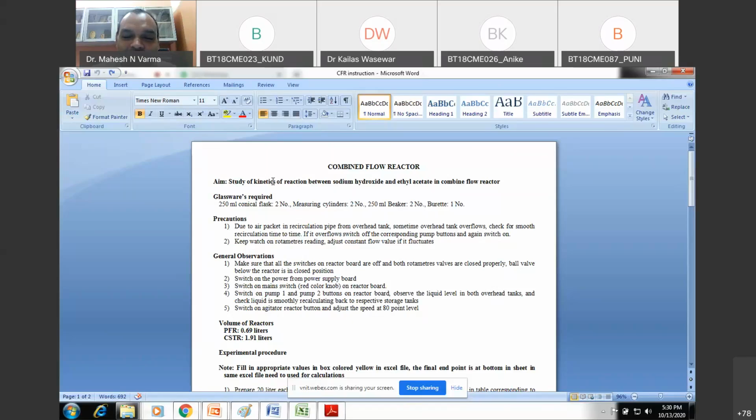Actually, the main aim of all these exercises is that you should get familiar with how to estimate the kinetics in CSTR and PFR. Ultimately, whenever you go to industry, you will not find the kinetic constant given, so you should be able to get the output concentration. Here you can estimate the output concentration and get the kinetic constant.